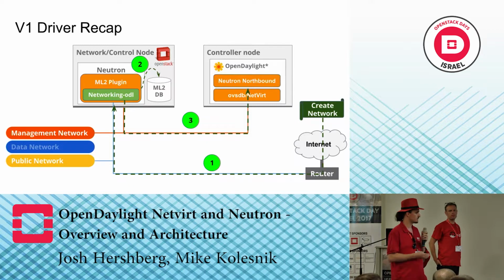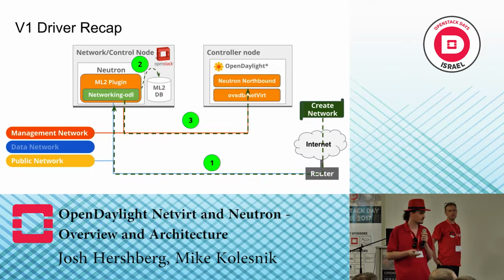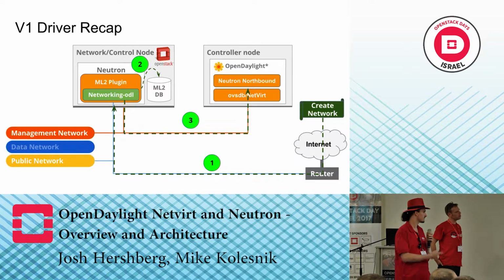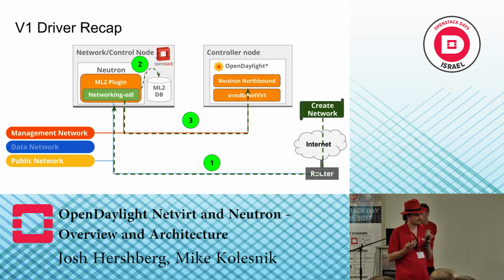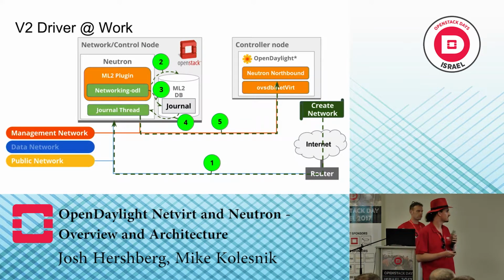Also, if you have dependent resources like a port and a subnet, it could be possible that the create port is sent to OpenDaylight before the create subnet. Obviously that's not very good. So what we did, the networking ODL community, which is very, very small, came up with this model of the journaling.